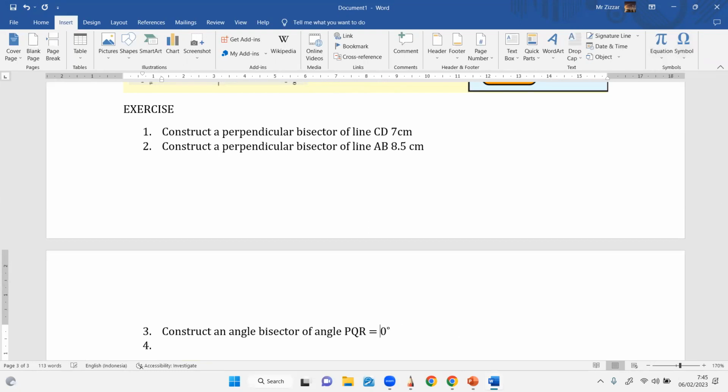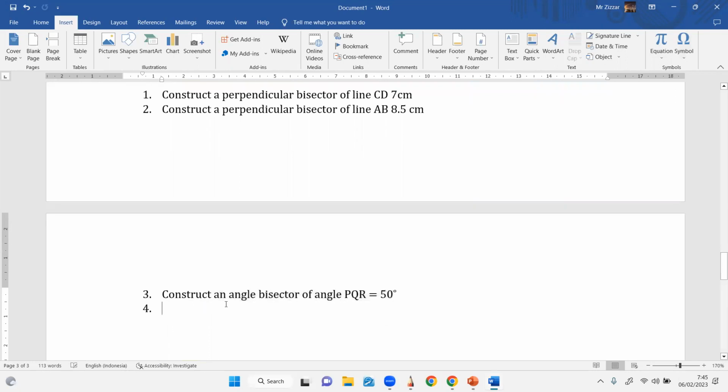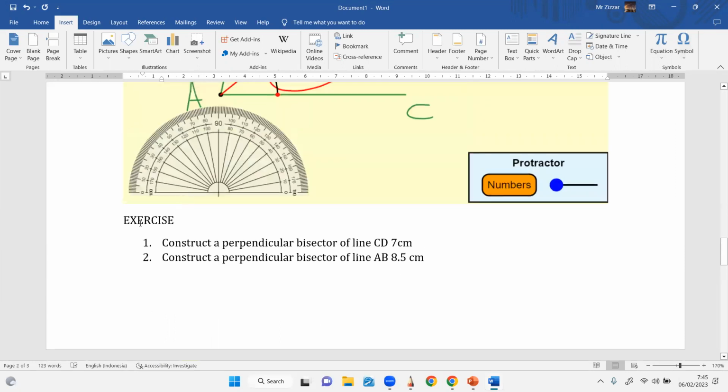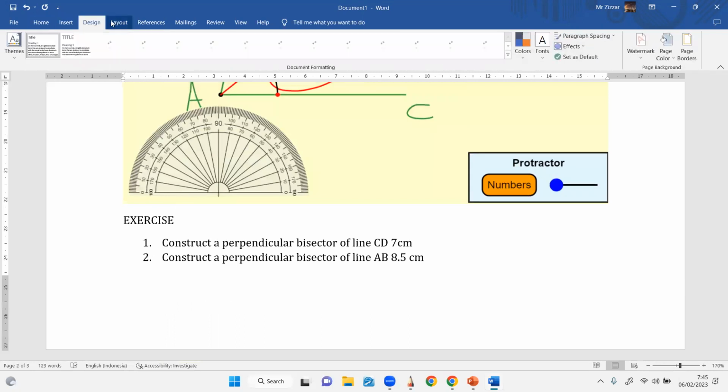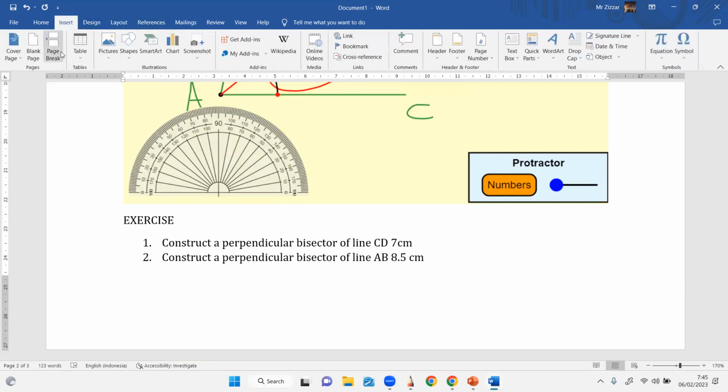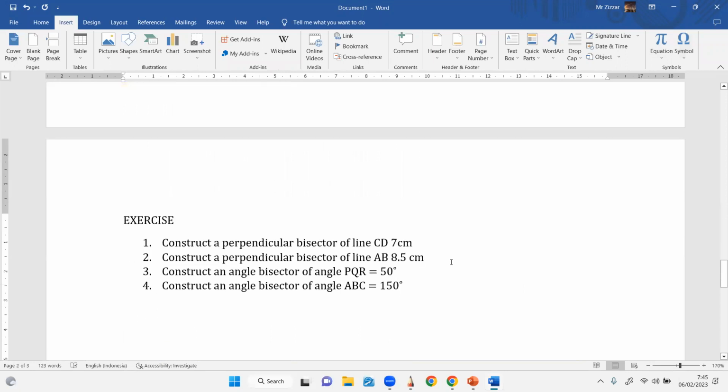Take it a bit slower. Acute angle first. 50 degrees. This is 150 degree. Okay, 4 numbers only. I'll give you some exercises. Try to solve this.